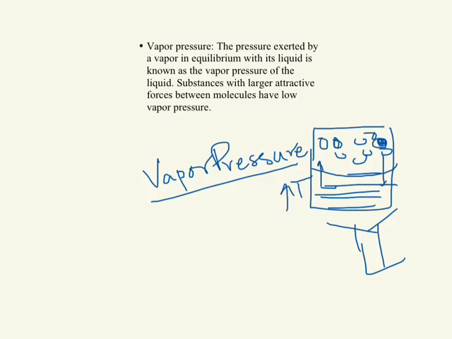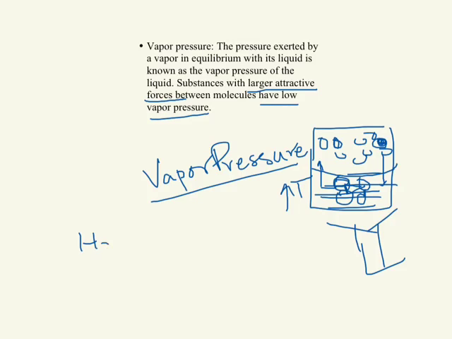But if very strong intermolecular forces are present between the molecules in the liquid, will it be easy to change these liquid molecules to the vapor form? No. So substances with larger intermolecular forces will have lower vapor pressure.